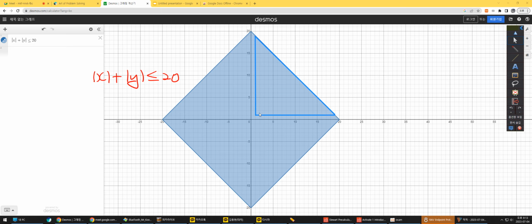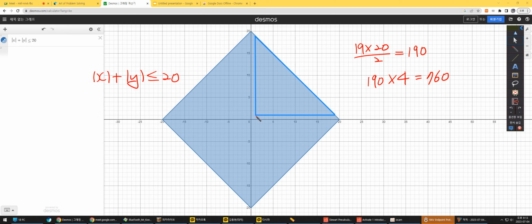The first line contains the 19 pairs from 1 to 19. The second one is 18. So it's like adding 1 through 19. So this right triangle contains 190 pairs. That means it has a fourth quadrant. We can multiply by 4 here.